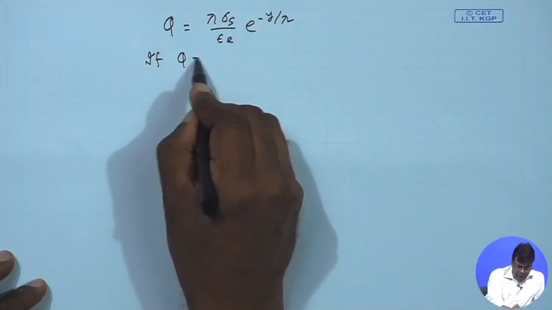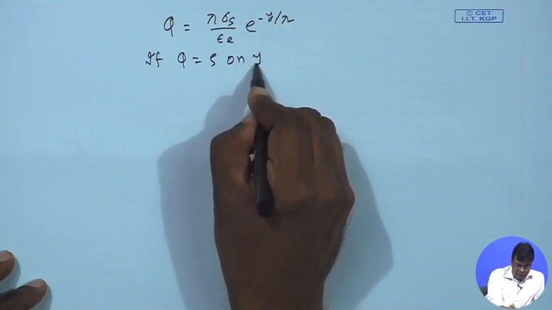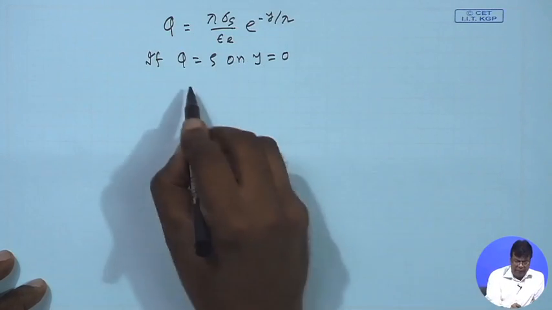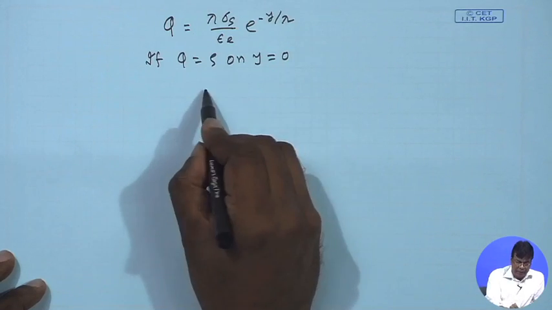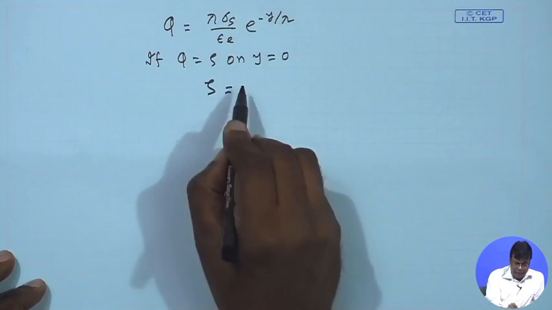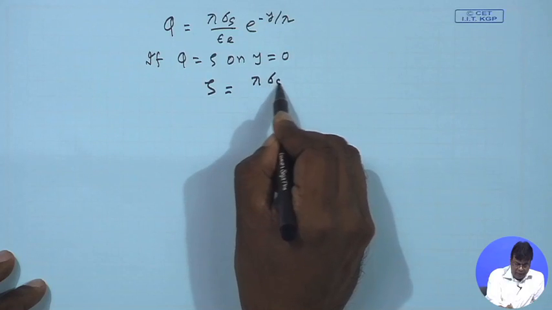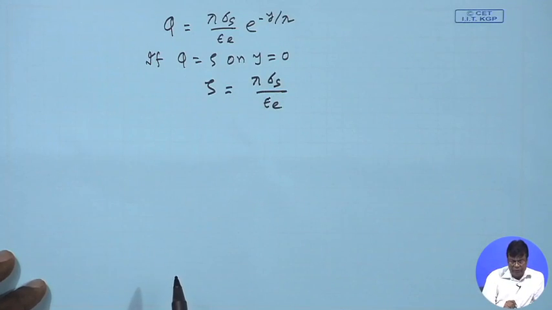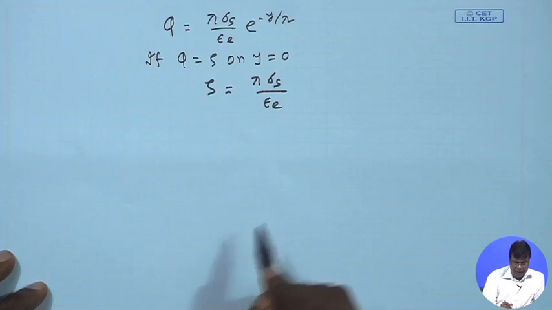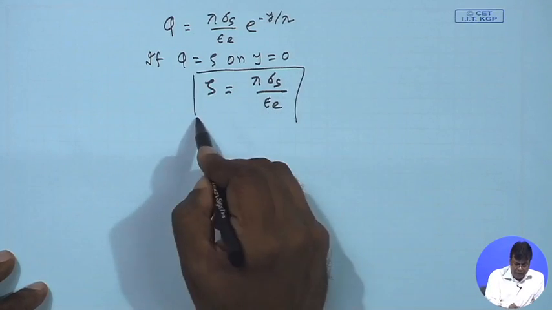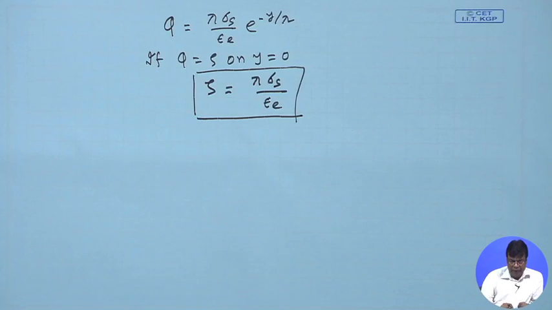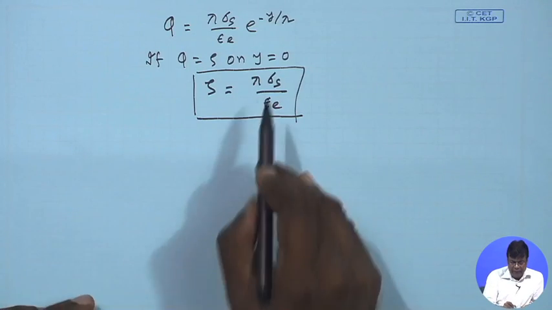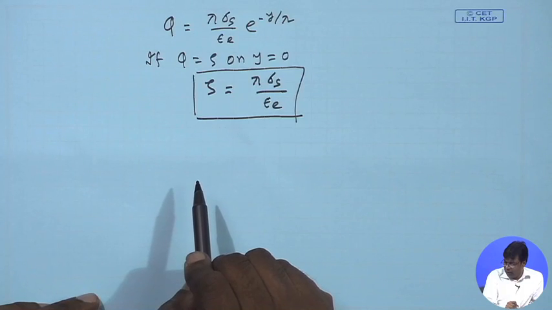Now, if phi equal to zeta at y equal to 0, we can establish that zeta, the surface potential, is lambda sigma s by epsilon E. This is the relation between the surface charge density and the zeta potential.